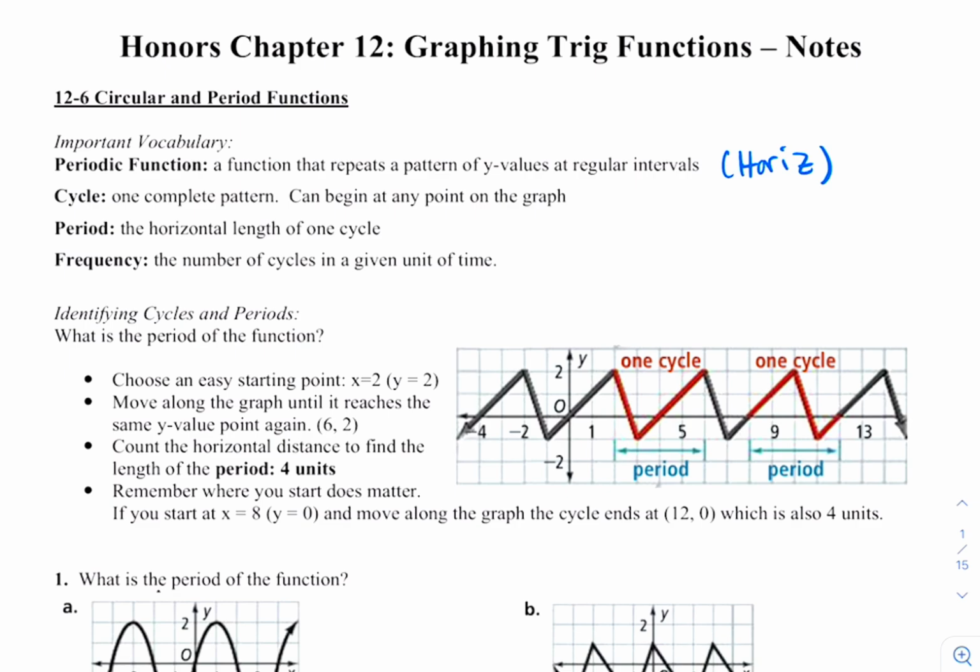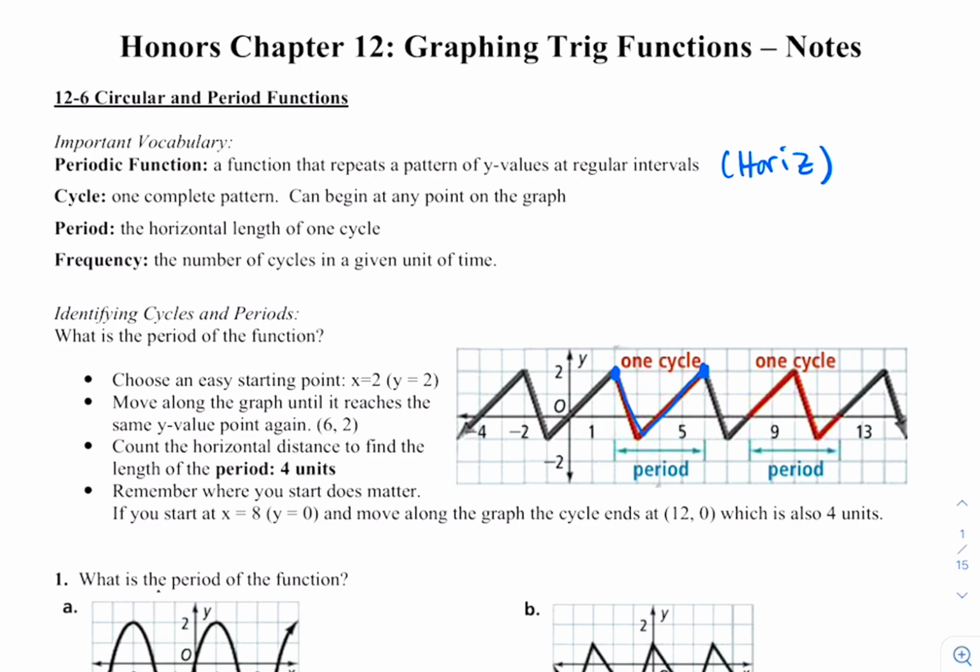As we're looking at this example, this is a periodic function because I can see this repeating pattern happening over our horizontal axis. If I wanted to, I could pick one point here, and if I follow this, it's going to start to repeat after I hit that point. So that could be a cycle.